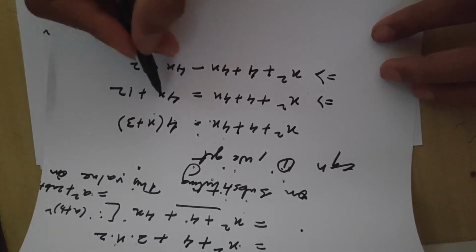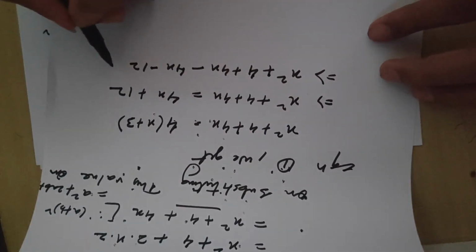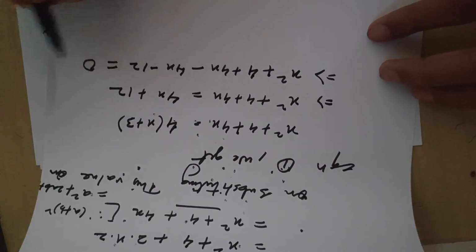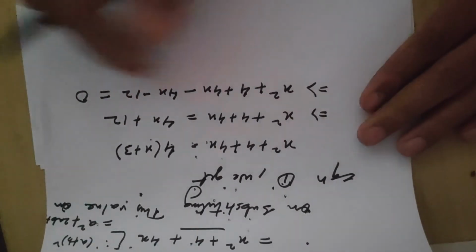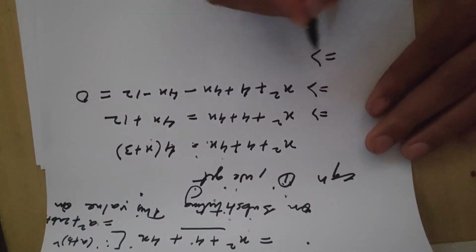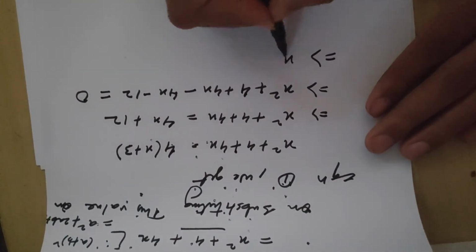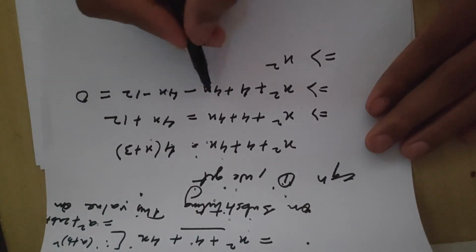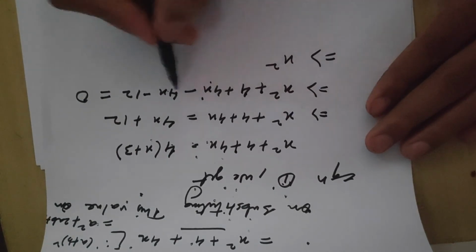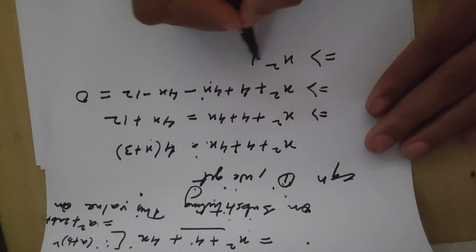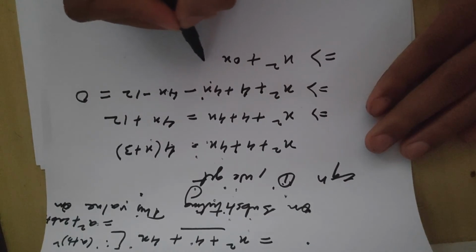Why minus? Because this side it will come and it will become minus. Okay, we are moving to the other side. So this is our equation, and let's make it simple. x squared and 4x, this will cancel out. Okay, means it will become 0. So 0x we can write like this, and then plus 4 and 12, it will be minus 8.